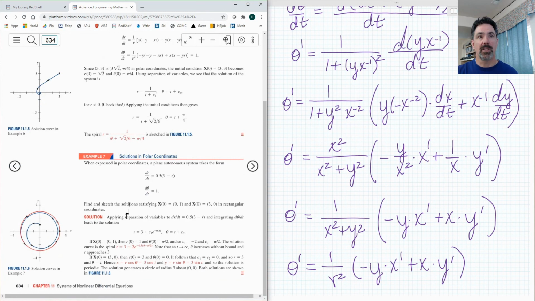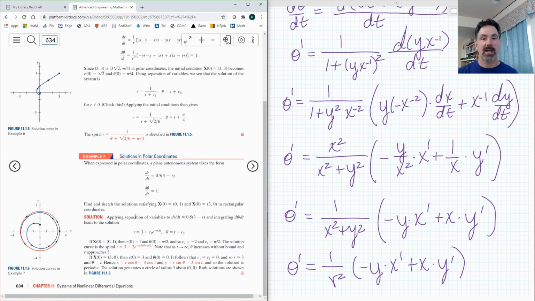And then similarly here on example number 7, they give us information that is already in polar coordinates, so we don't do the transformation. But then there's a nice discussion down here about what it means to interpret and understand what those differential equations are saying. And the result is we have a periodic orbit that shows up that looks completely different than what we see with purely imaginary roots.